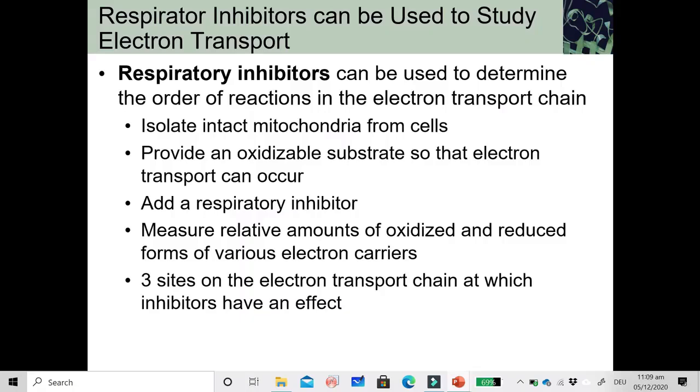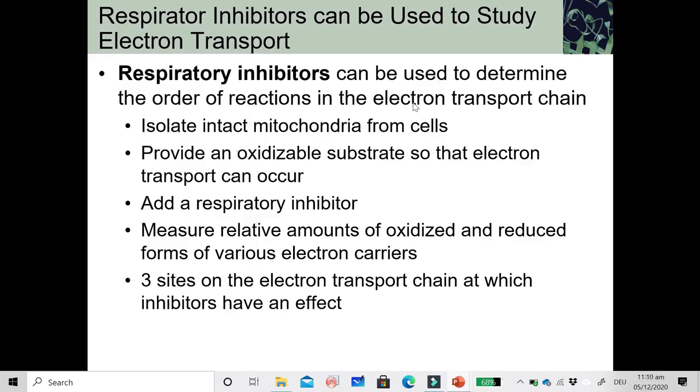They actually used respiratory inhibitors, and these respiratory inhibitors will block electron transfer in one complex, for example, and ultimately lead to the accumulation of the reduced form of the electron carriers prior to the carrier that has been inhibited, and the accumulation of the oxidized form of the carrier after the point where inhibition has been performed. Respiratory inhibitors can be used to determine the order of reactions in the electron transfer chain.